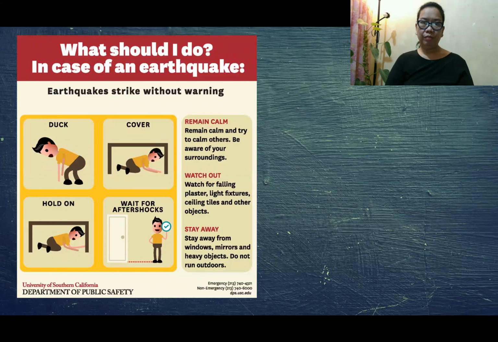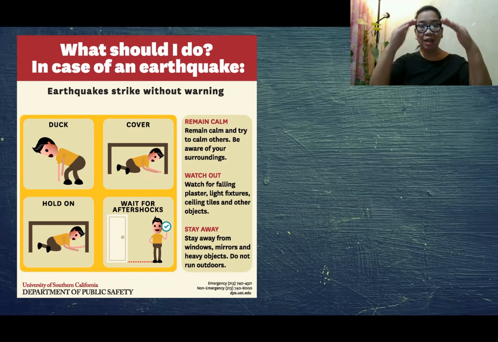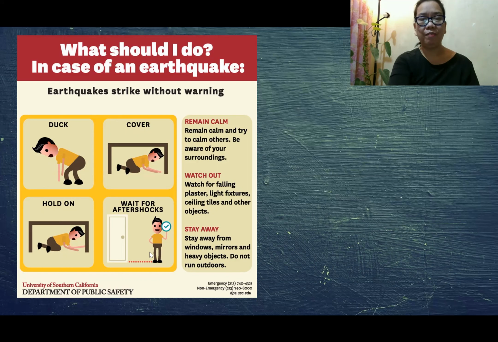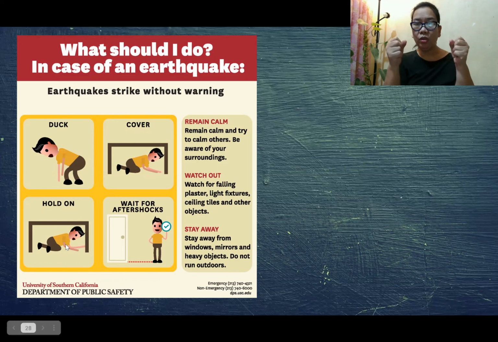Now, we do not know when an earthquake happens, but we all must be ready. As we are always teaching you in school, what do you do? You have to duck, cover, hold.